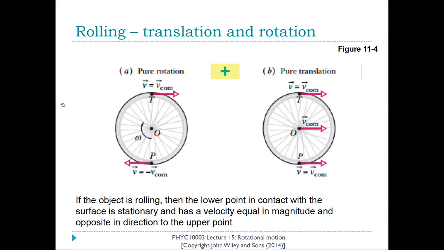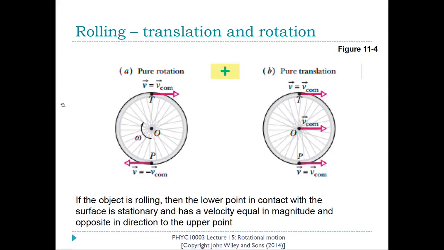So the lower point in contact with the surface is stationary and has a velocity equal in magnitude but opposite in direction to the upper point. So that makes sense. Those two points are exactly the same. As it rotates around, the top part's going to be moving in this direction, bottom part's moving in this direction. Their magnitude is the same, but they're opposite in direction.